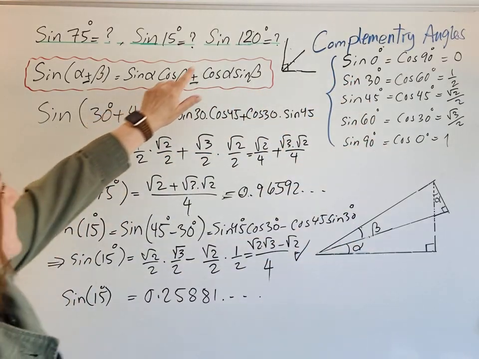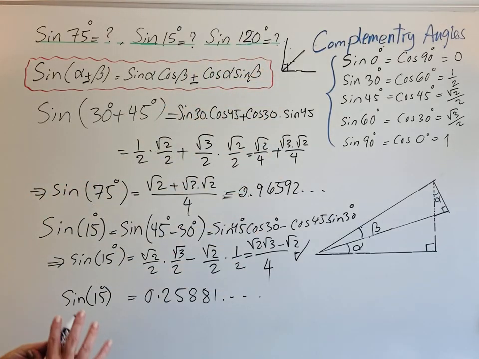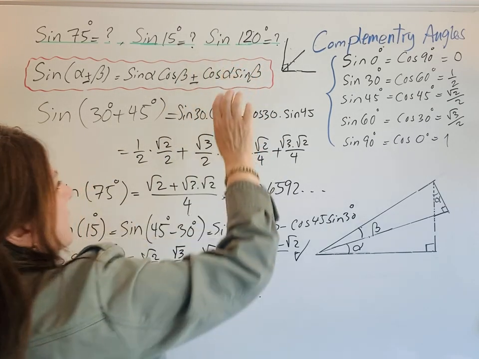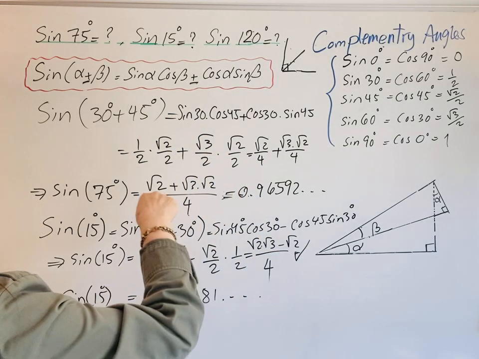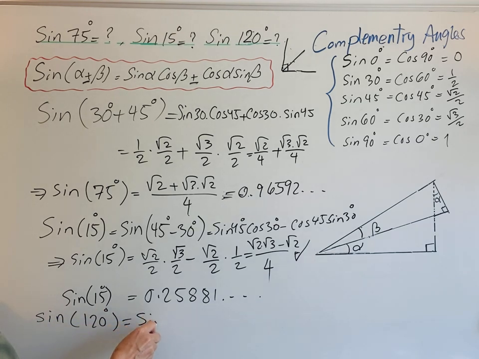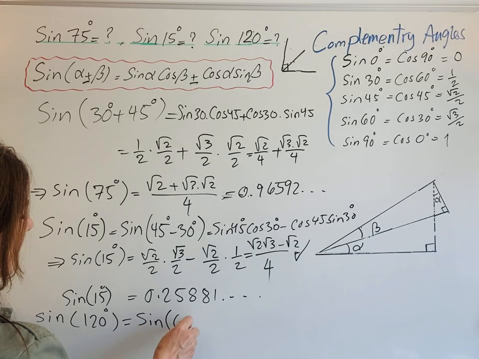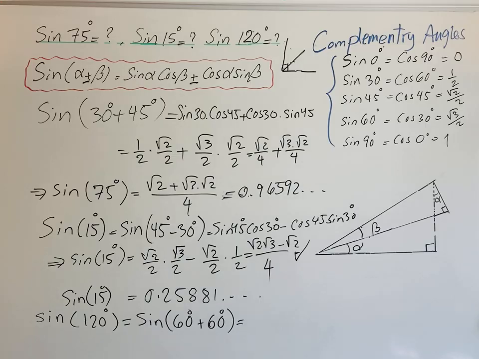But how about something like this, sine of 120? Sine of 120 can be written as sine of 90 plus 30 or 60 plus 60. Yes? If you write this as 60 plus 60, sine of 120 degrees, I can write sine of 60 plus 60. What happens?